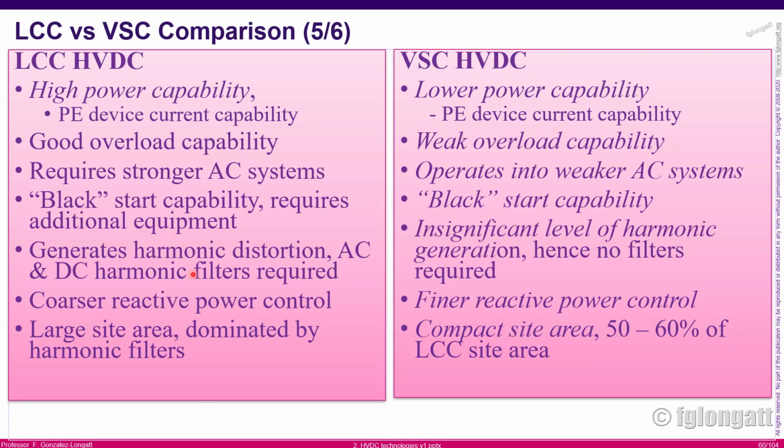Finally, this is a comparison between the LCC and VSC. One of the interesting things is the line commutated converter has a lot of power capability, very good overload capability. However, they have a problem because they require strong grids.